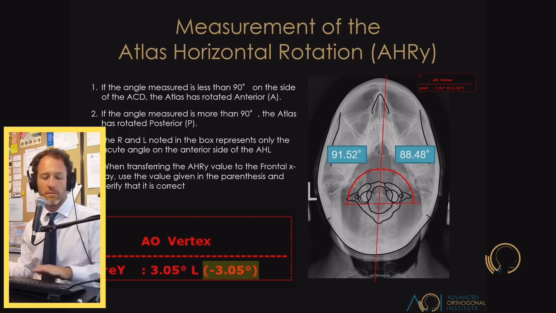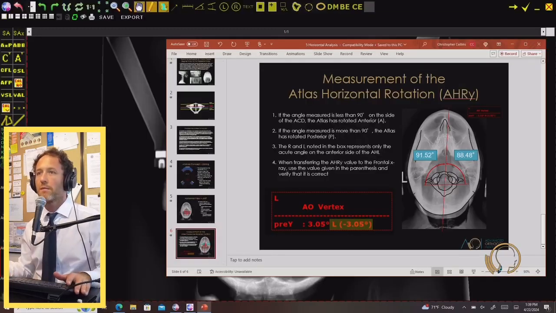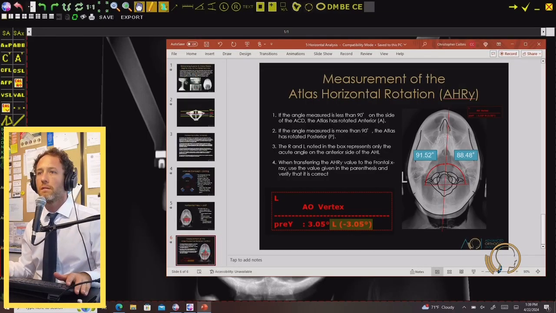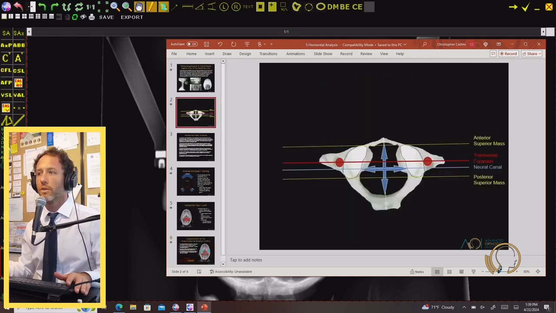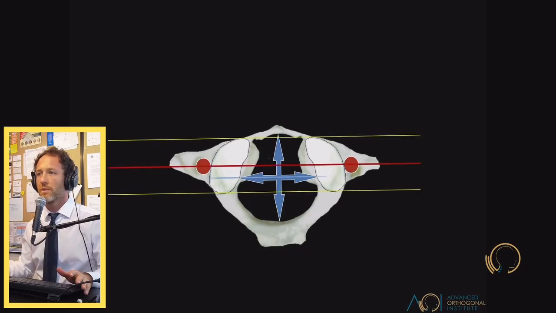All right, so let's talk about the atlas first. Very similar to the frontal film, when we're measuring the atlas frontal plane, you're going to remember majority rules, okay? I'm going to have to do these animations every time.